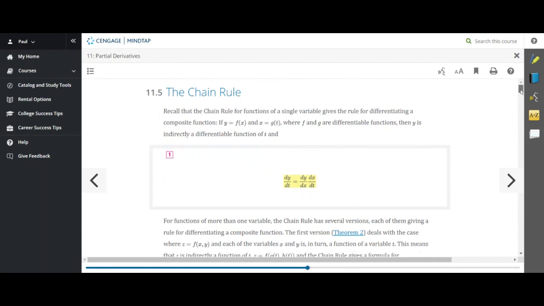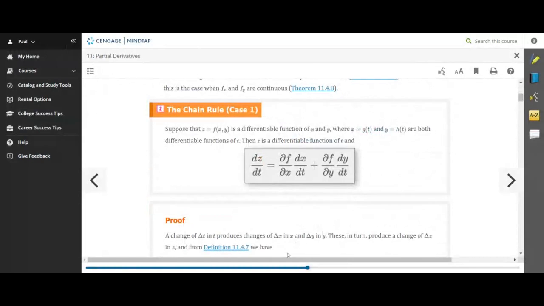The way the book has it, they call it case 1, and we actually did that case, only instead of z as a function of x and y, we had current I as a function of voltage and resistance.